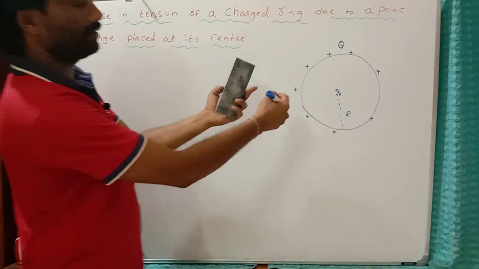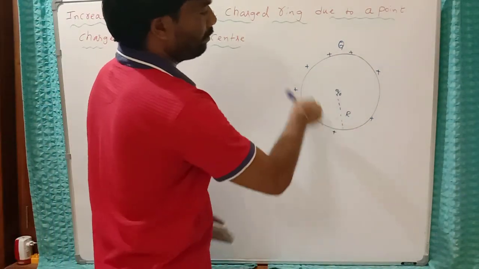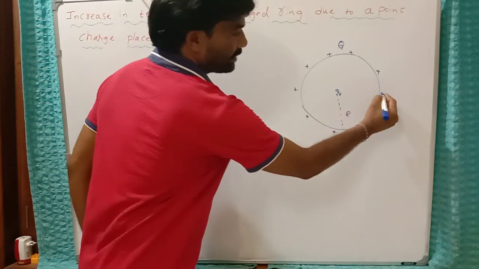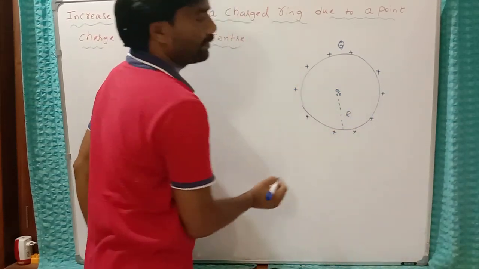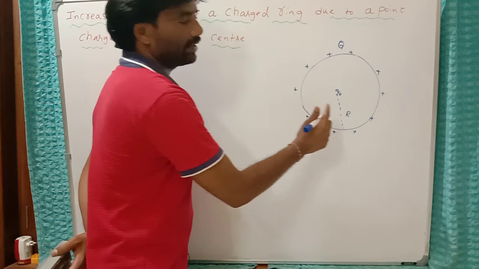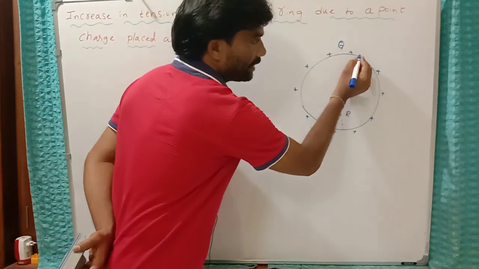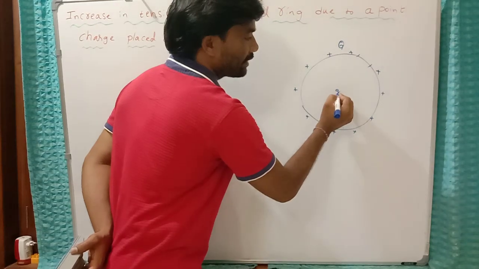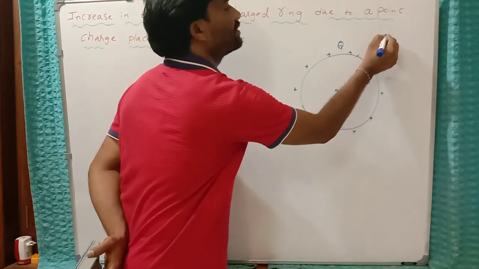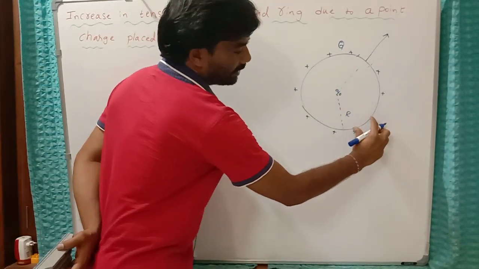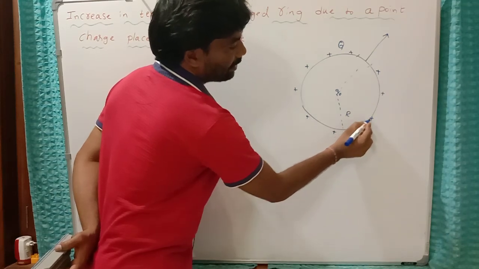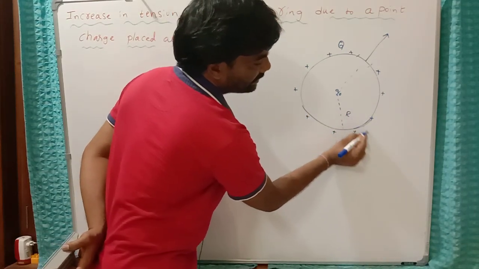This Q naught will repel the remaining charge on this ring. The repulsive force at any part of the ring is directed radially away from the center of the ring. If you take this part, it gets repelled by this Q naught like this. And if I take this part, it is also repelled by this Q naught in this direction.